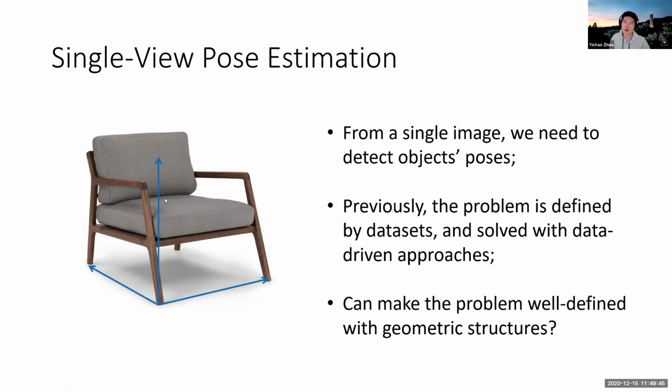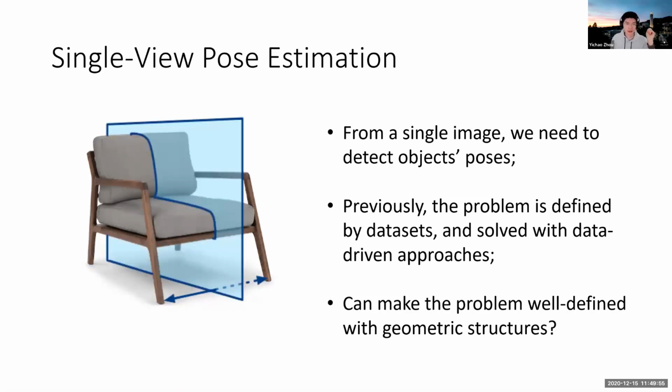One problem is how these three principal axes are defined. Let's say on a dataset like ShapeNet, Pix3D, how do you define it? Actually, if you read their paper, these axes are defined by the symmetry plane. On ShapeNet, they explicitly mention that we align every object so that the x-axis will be the normal of the principal symmetry plane.